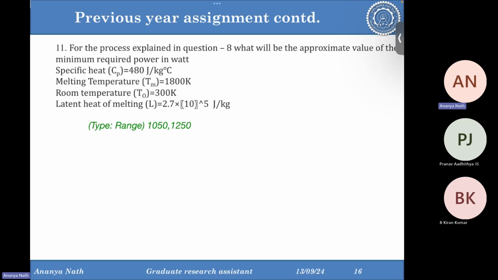This formula is useful for any heat input AM process, wherever there is heat input like laser or electron beam or arc or plasma, you will use the same formula. For LPBF, powder bed fusion or direct energy deposition, the same formula will be used, because this is the fundamental equation of the power from the energy source.